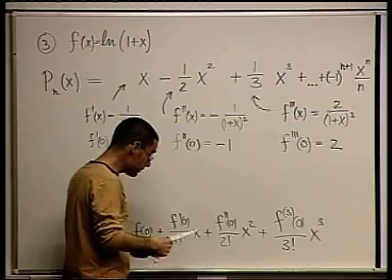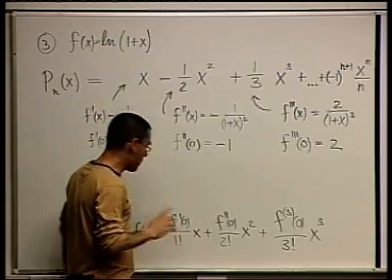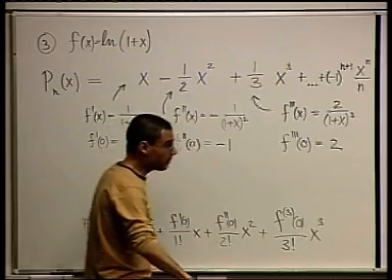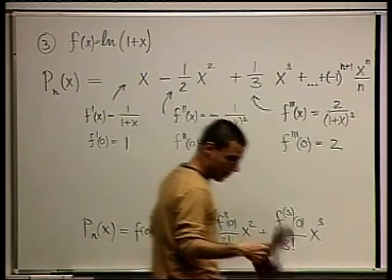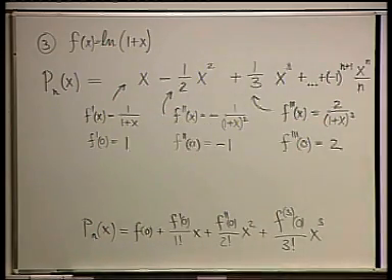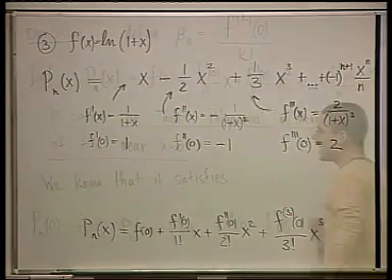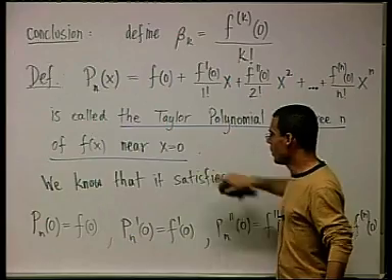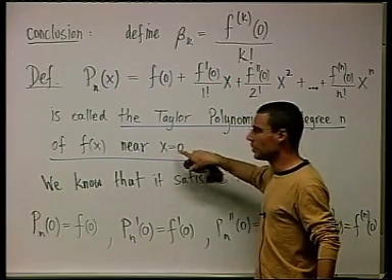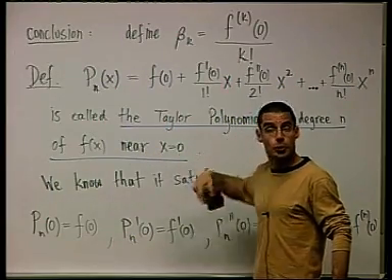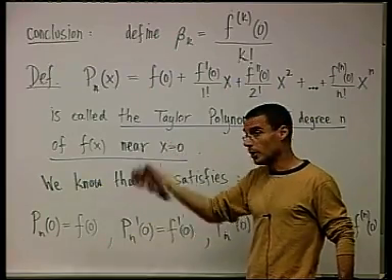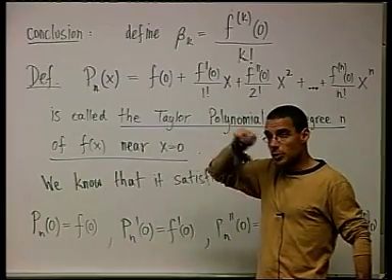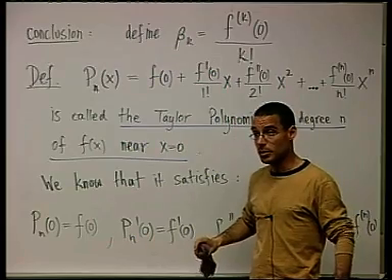Okay. Now, before I write the fourth example, I want to very briefly say, let's go back to this board. So everything we did was near x equals 0. All the drawings were near x equals 0. All the tangents and all the lines were all centered at x equals 0.